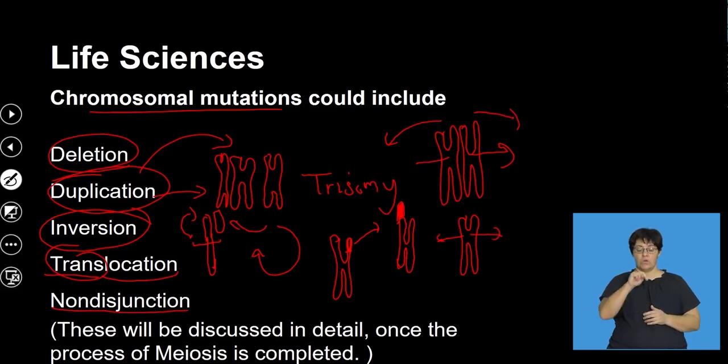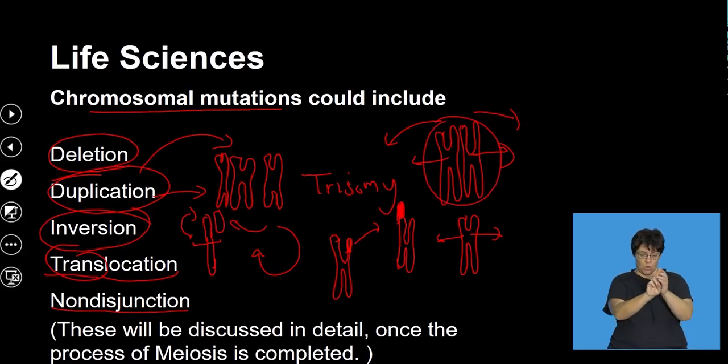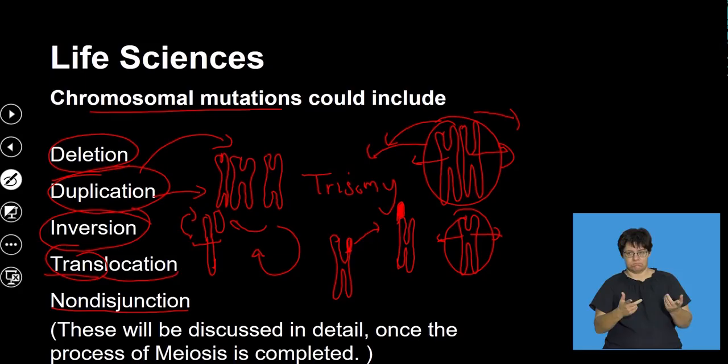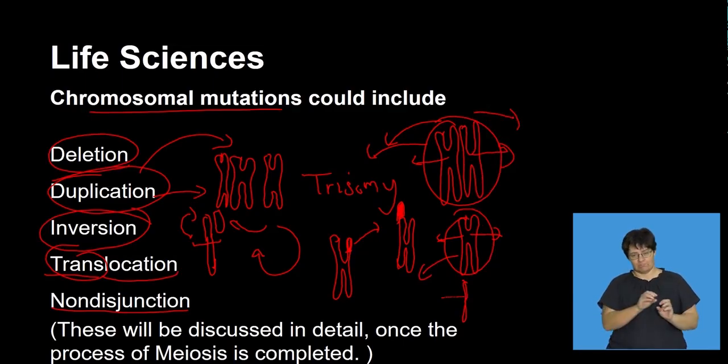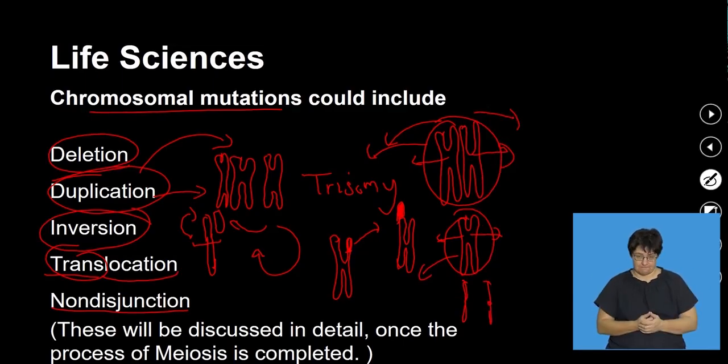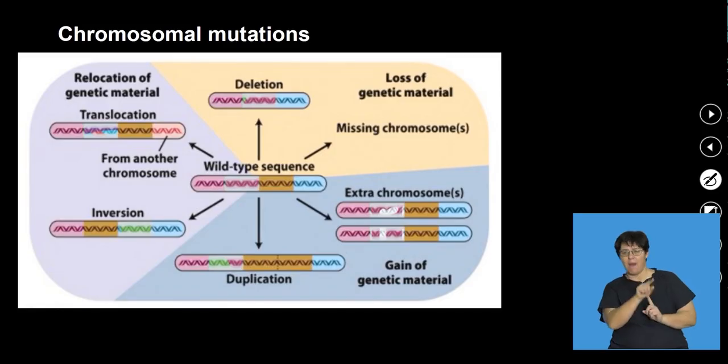However, the term non-disjunction refers to when an entire pair of chromosomes is pulled to the one pole, or when an entire chromosome is pulled to the one pole, as opposed to splitting up into chromatids and being pulled to the opposite ends. So we refer to that as non-disjunction. And we do recognize that this process creates chromosomal mutations.